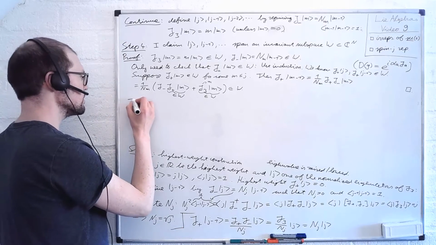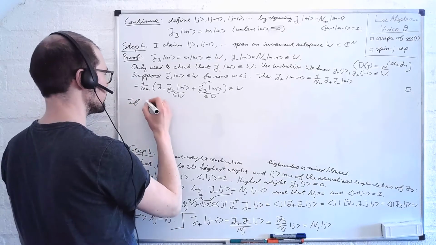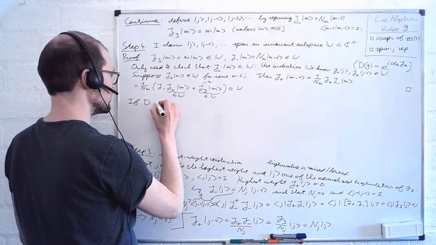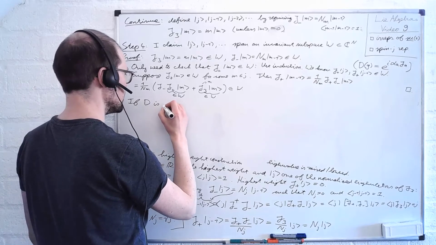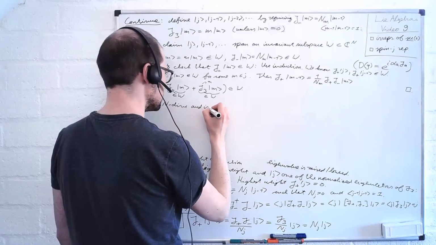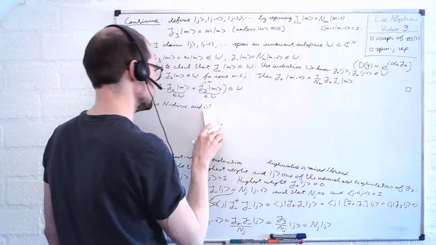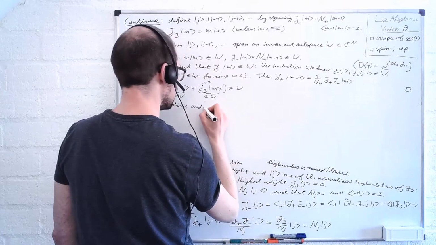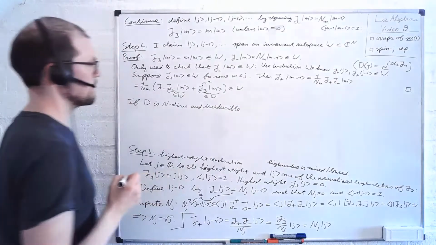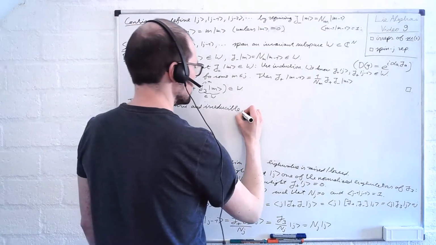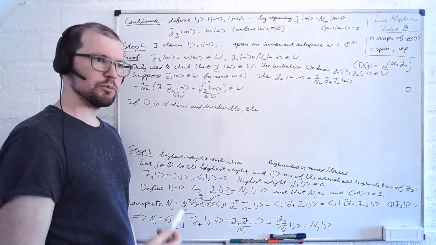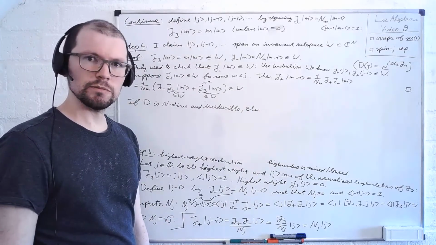This means that if my representation D that I started with is, say, n-dimensional and irreducible, then it is not allowed to have any proper invariant subspaces.